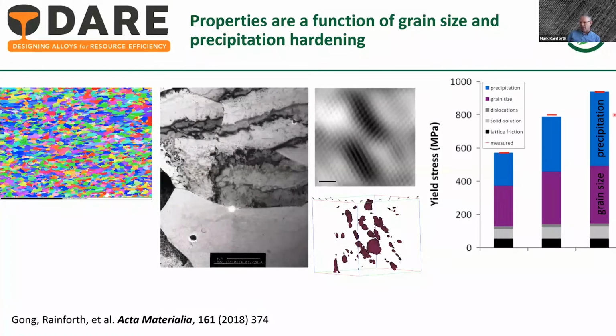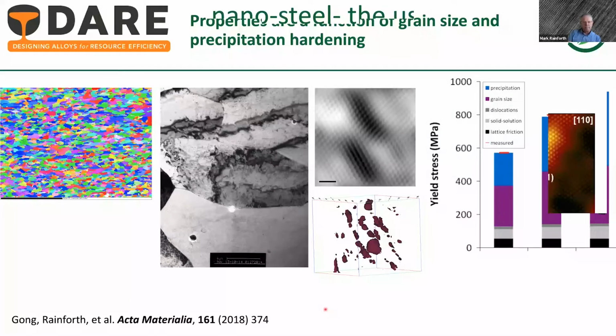And as the graph on the right shows, these can contribute up to 500 megapascals of yield strength. So quite a massive contributor to achieving high strength. As I say, using existing product line, but controlling that process extremely carefully.